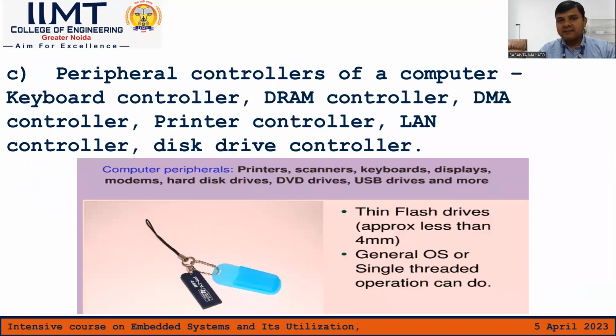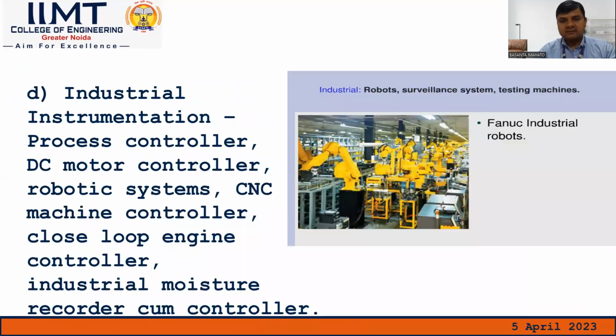And there is the peripheral controller of a PC. Here I am using my laptop. Here is the USB connector. One is the CD drive, the CD writer, everything. So disk drive control, LAN controller, flash drive, hard disk drive, all come under this.